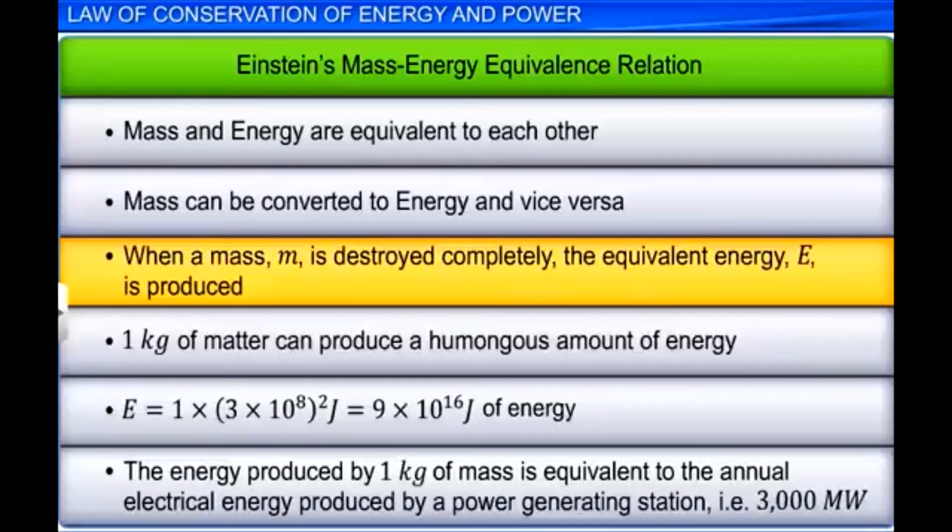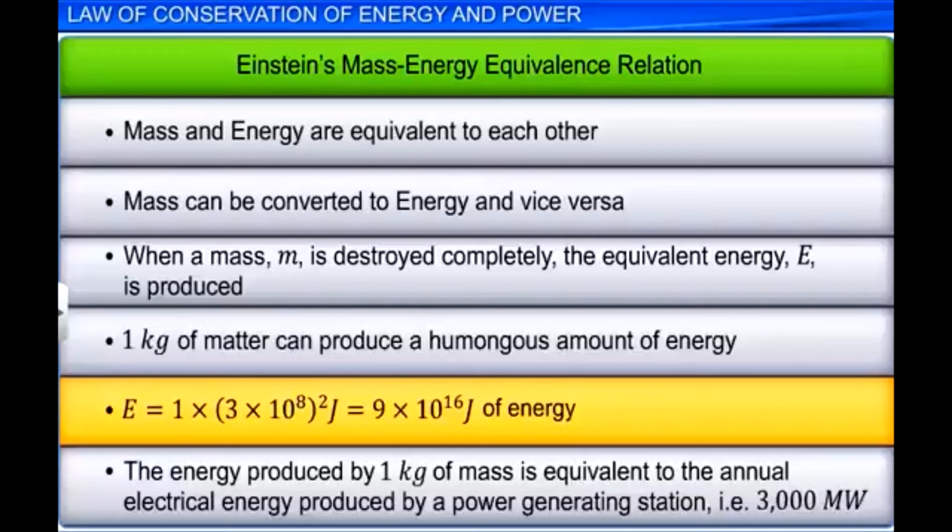Thus, according to Einstein's mass-energy equivalence equation, 1 kilogram of matter can produce a humongous amount of energy, which is E is equal to 1 × (3 × 10⁸) square joules, equal to 9 × 10¹⁶ joules of energy.